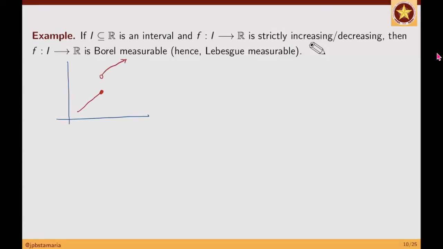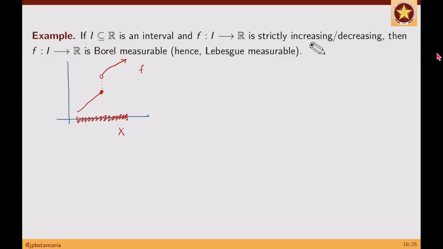Pero dahil siya strictly increasing, ito yung x natin. Ayan. Ito si F. Bakit siya Borel measurable? Sino nakakaalam?